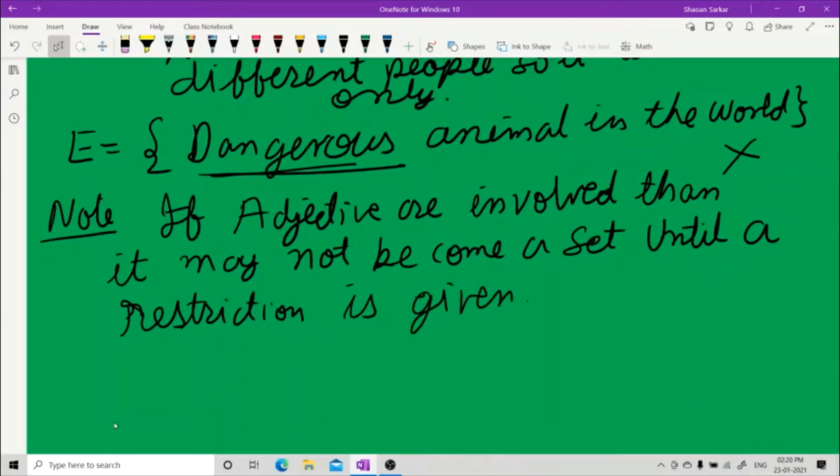For example, less than, greater than, equal to.